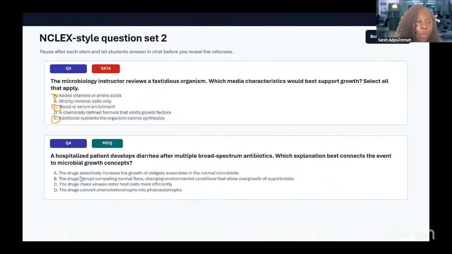Okay. Question 4, let's review question 4. You have a hospital patient who has developed diarrhea after multiple broad spectrum antibiotics. What explanation best connects the event to microbial growth? The patient was given multiple broad spectrum antibiotics, which means different drug medications that are supposed to kill several microbes at a time, right?